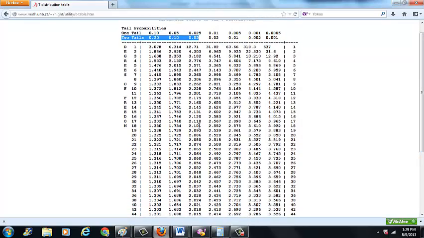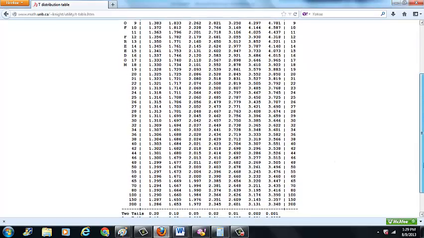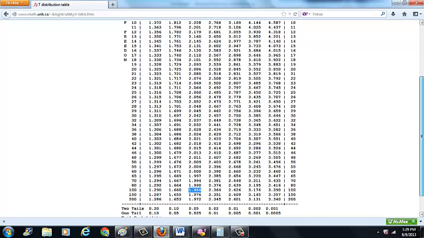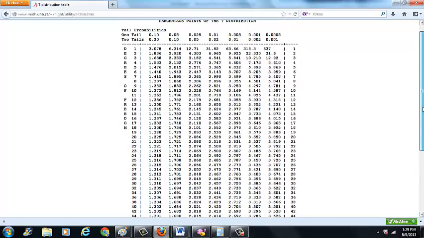And then we go down to our degrees of freedom. Our sample size was 100, which means our degrees of freedom will be 99 again. And we can round 99 to 100. This time we end up with a critical value of 1.984 because we're in the two-tailed 0.05 column.